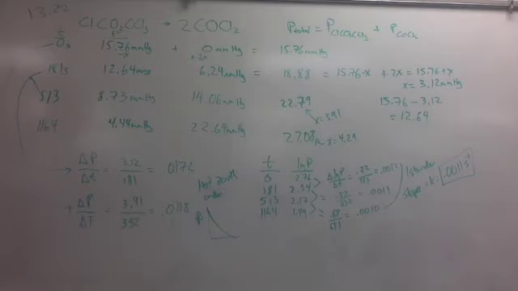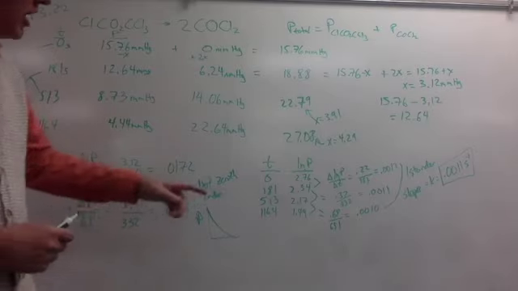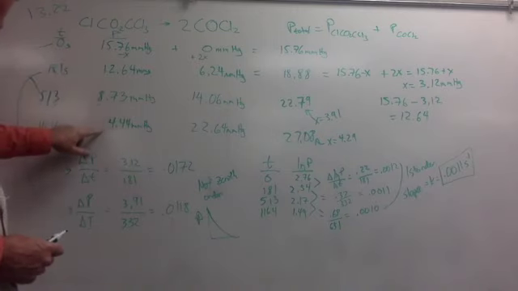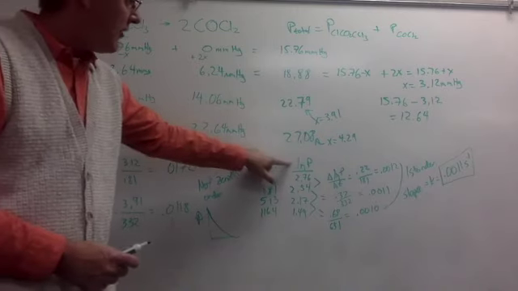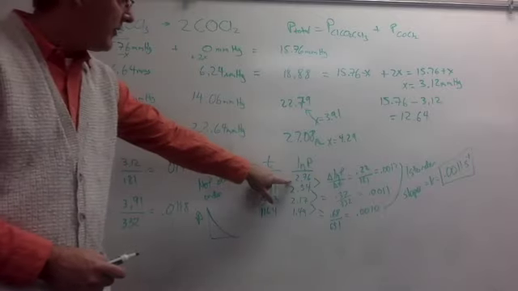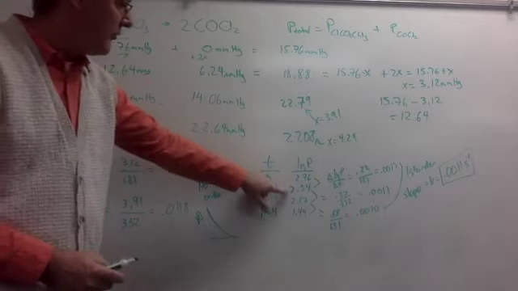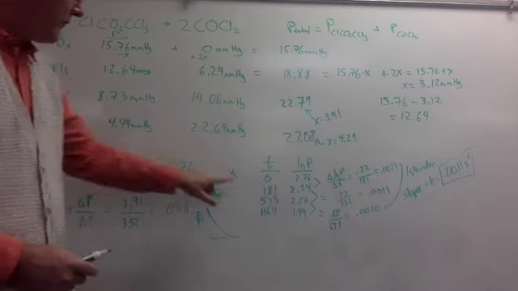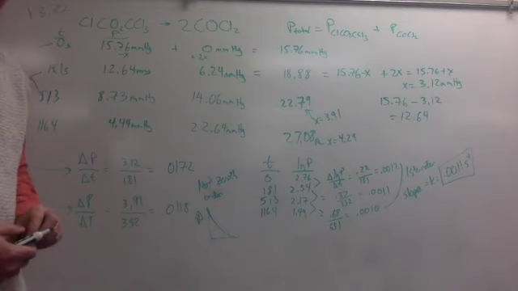So for a first order reaction, remember that we graph natural log. So I'm going to take my pressures and try graphing the natural log of pressure. So the natural log of 15.76 is 2.76, 12.64 is 2.54, 8.73 is 2.17, and 4.44 is 1.49.